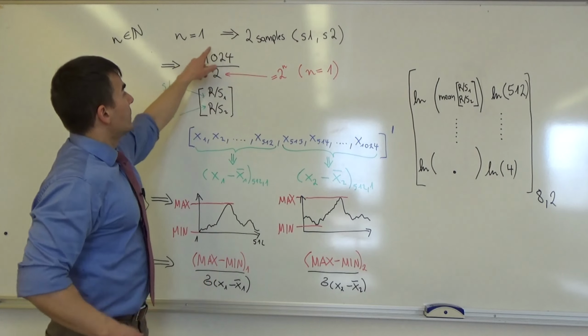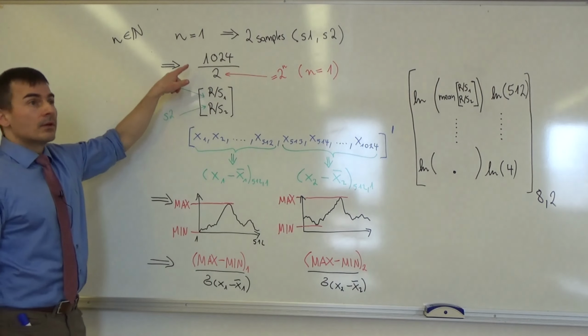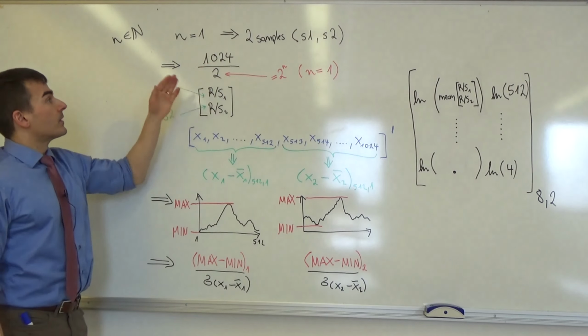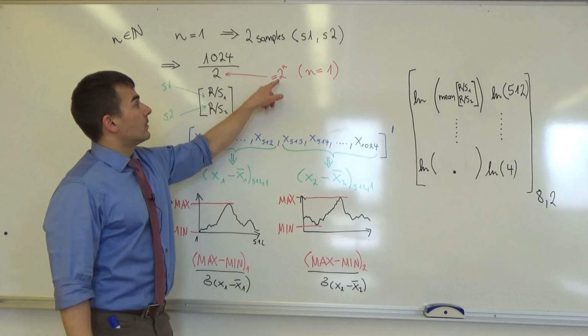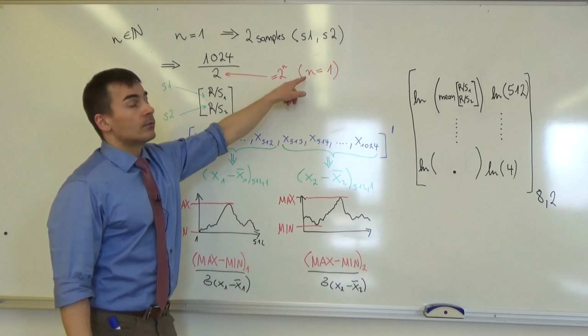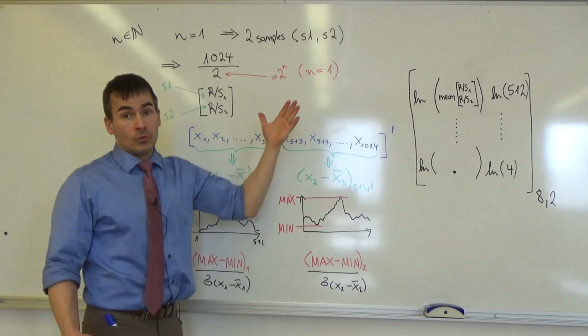We simply divide the total number of observations, 1024, by 2. And again, what is 2? 2 is 2 to the power of n, and n is 1. 2 to the power of 1 is 2.